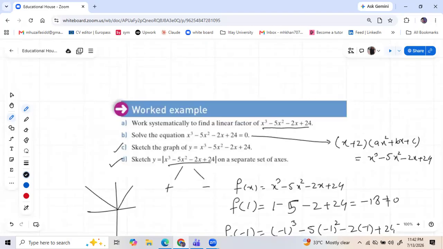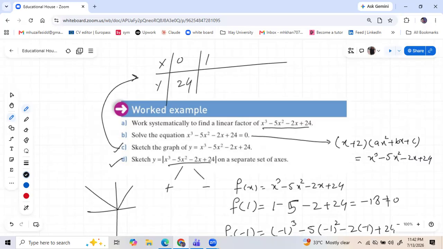Yes, I'm doing it. Okay. Then after this, look at it here. This is related to the sketch. You can make a table like this, with x and y. You set x to 0, and this gives 24. And when we set 1, this is equal to -18.